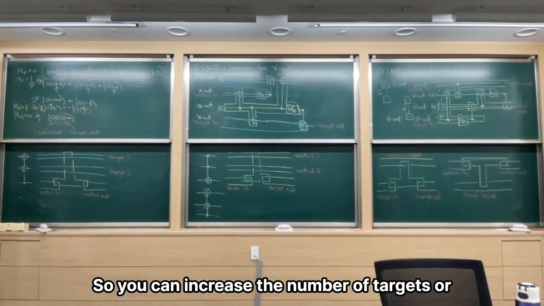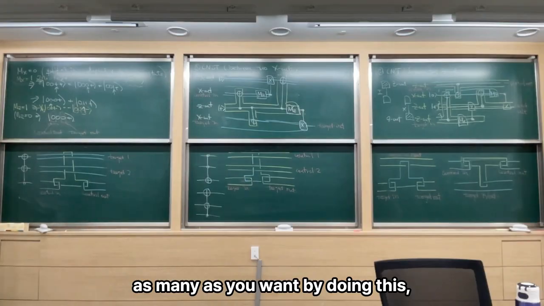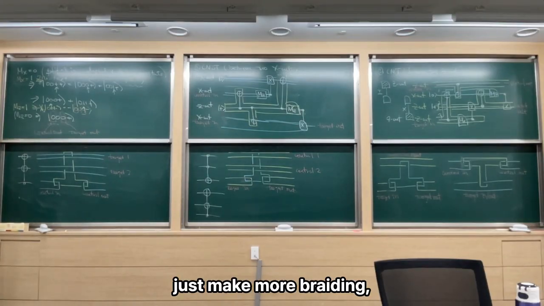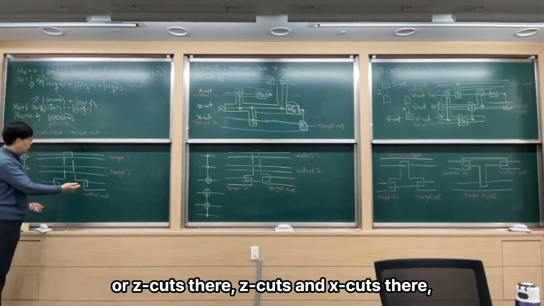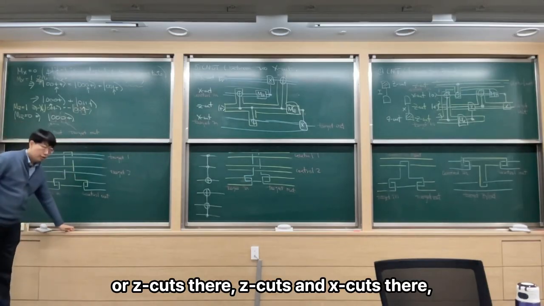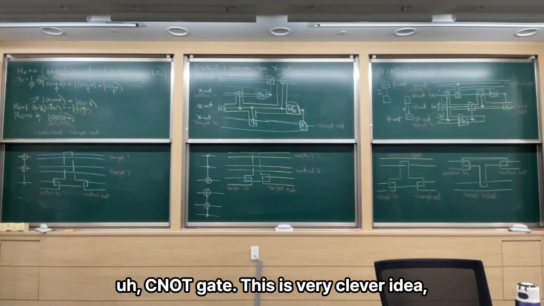Okay. So you can increase the number of targets or number of controls as many as you want by doing this. Just make more braiding, but still keeping the same number of Z cuts and X cuts there. Then you can make a multi-target, multi-control CNOT gate.